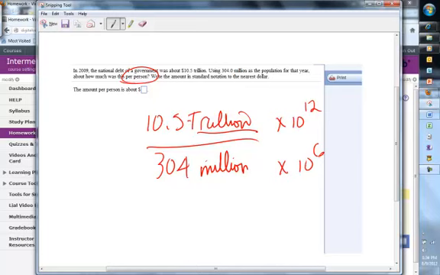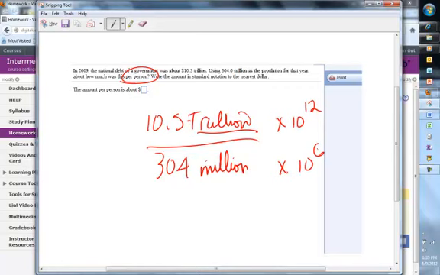So on our calculator, we're going to do, my calculator was in equation mode. Okay, so we're going to do fraction: 10.5 times 10 to the 12th over 304 times 10 to the 6th.